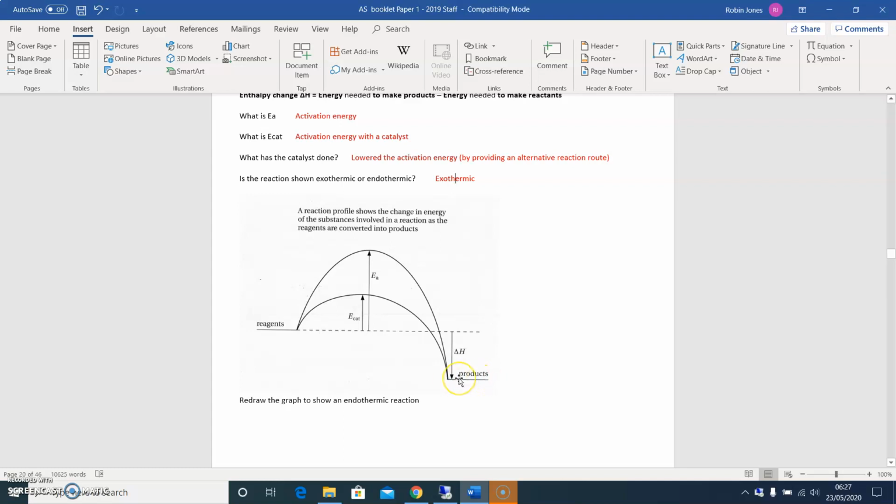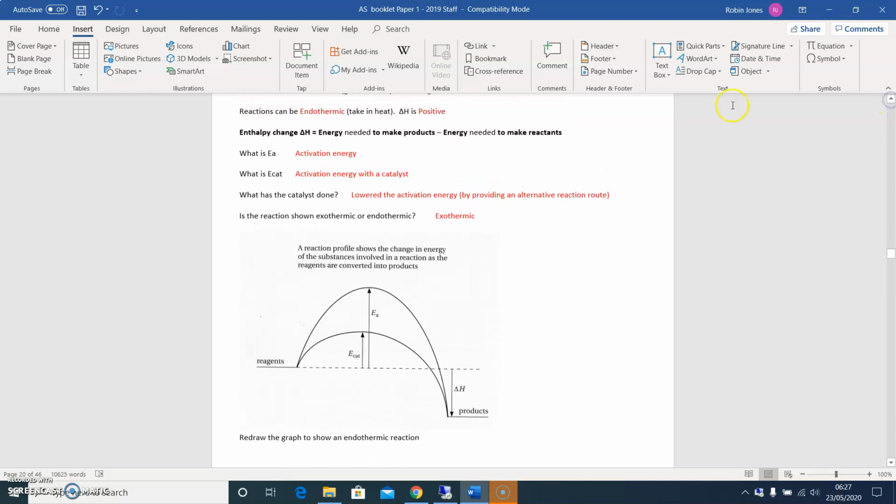The products, the ash and the firework that falls back down to the ground, have less energy than it started with. Okay, so overall, if I go back to my equation where delta H is the amount of energy in the product, that's the firework, take away the energy in the reactant, it's going to be a negative value. Okay, let me try and prove that to you.